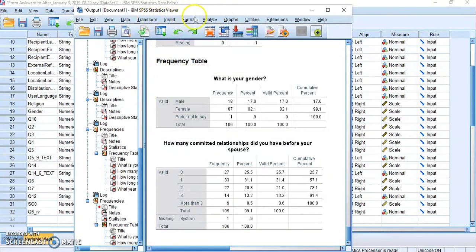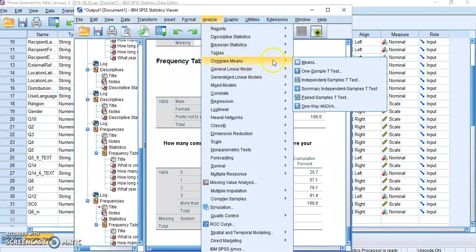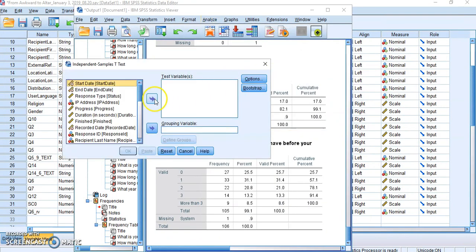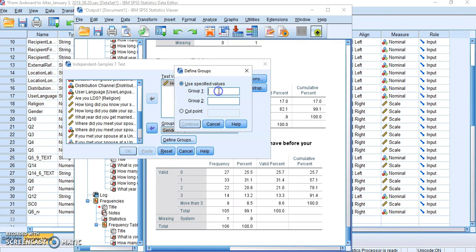So what I want to do is analyze, compare means, independent samples t-test. All right, your test variable is your dependent variable, and I want how many committed relationships did you have? What is your gender? That's my grouping variable, and now I need to define the groups. I want males and females.